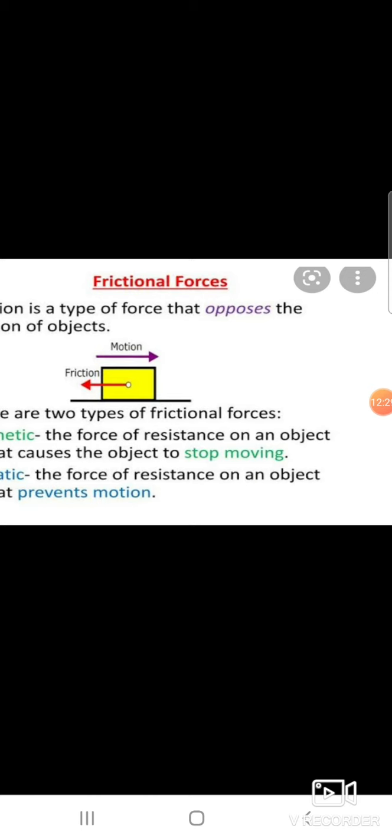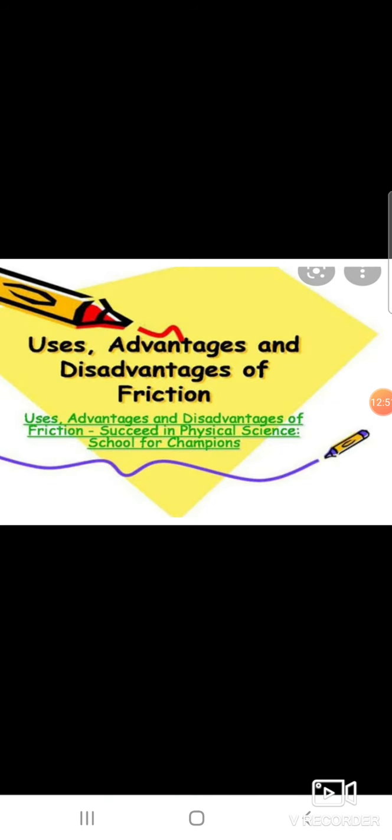What is the second one? Fractional forces. Forces oppose the objects, or two fractional forces, that is kinetic forces. Very important: kinetic forces cause an object to stop moving; the force resists and prevents motion. Advantages and disadvantages, I have already told you.